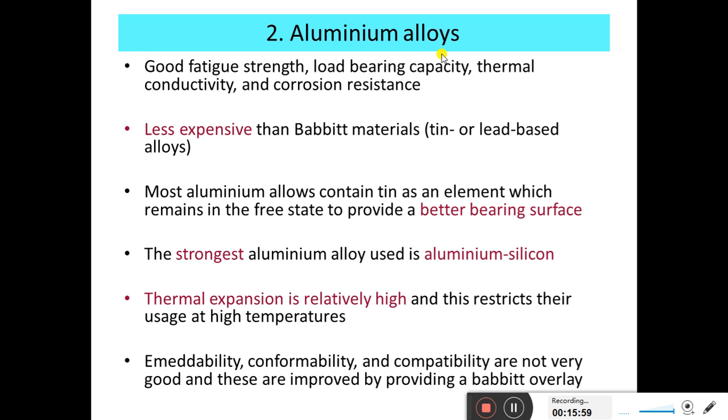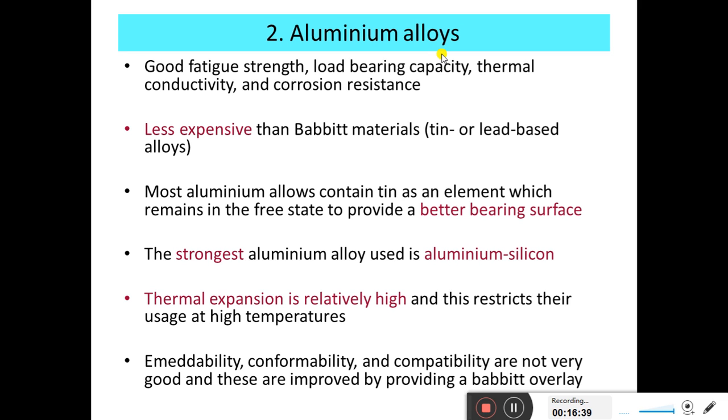It's a series, which means that along with the aluminium, some other metals are added. If it is a 2 series, along with the aluminium we add copper. Another series adds other metals, like tin or lead. If we add other materials to the aluminium, it becomes some other series of alloys. Clear?